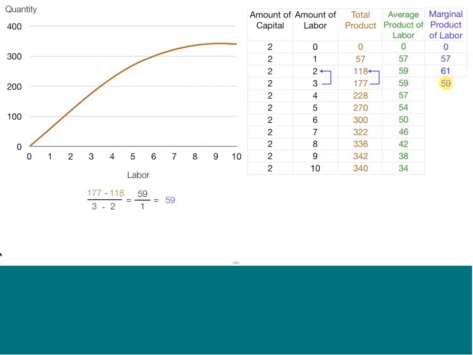So the marginal product of labor moving from 2 to 3 labor units is 59. And now I'm just going to plug and chug the numbers into the table.